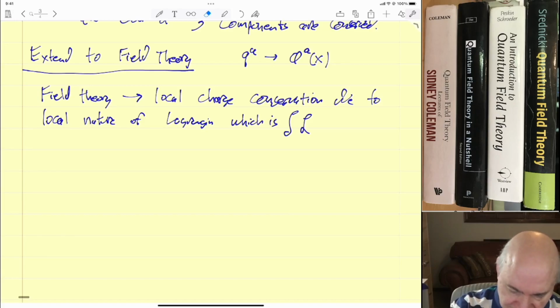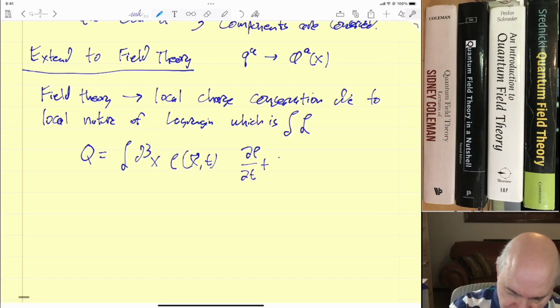So the difference is that now we're going to get things like, and I'm sure you remember from electromagnetism, Q equal to the integral of d3x rho of x comma t, and we'll get a conserved current conservation equation.